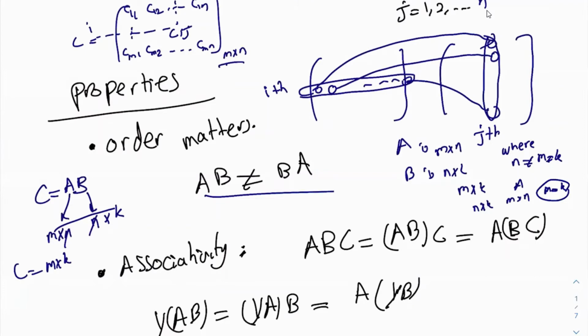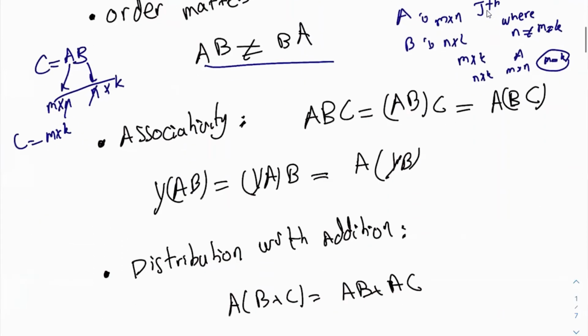Okay, the next one is associativity. What I mean by that is, let's say you want to calculate the product of three matrices, A, B, C. You can first multiply A and B together and then find the result, let's say D, and then multiply that by C. So that's what this expression says.